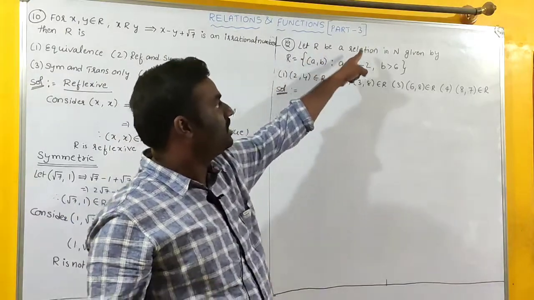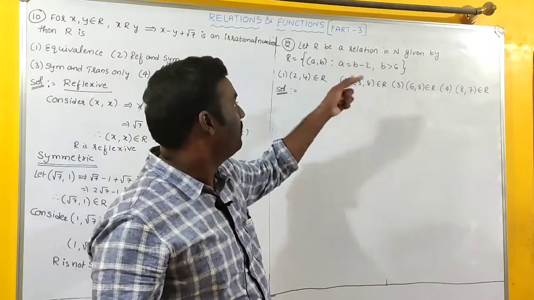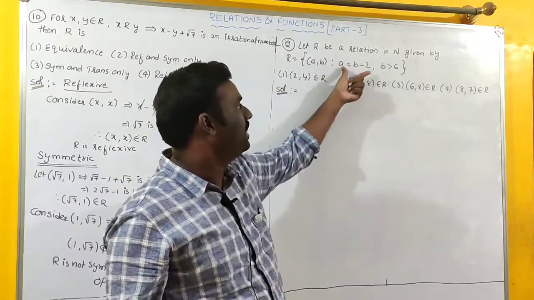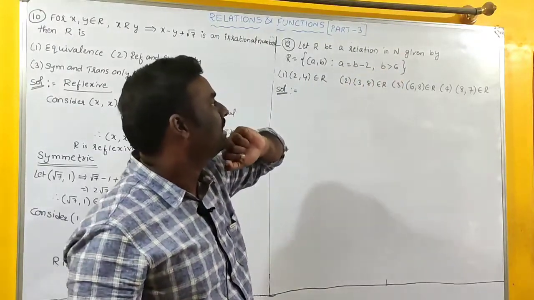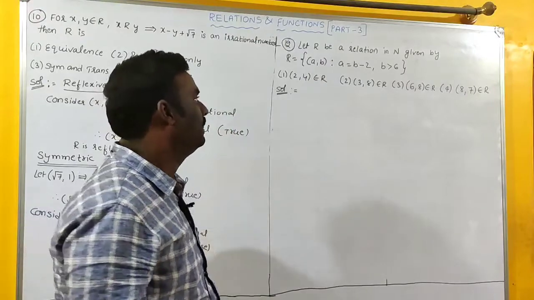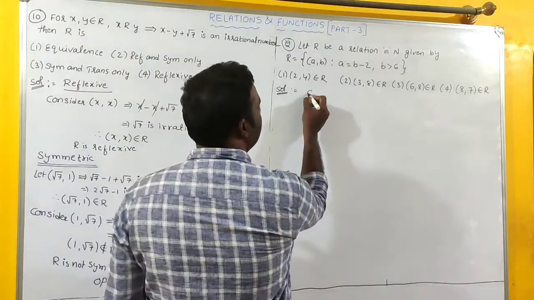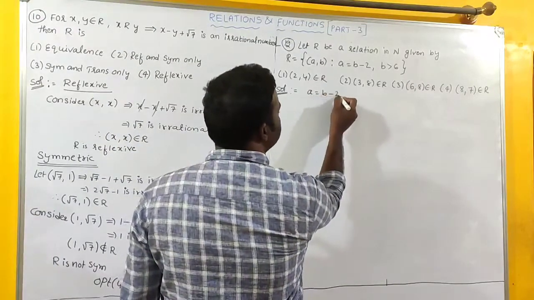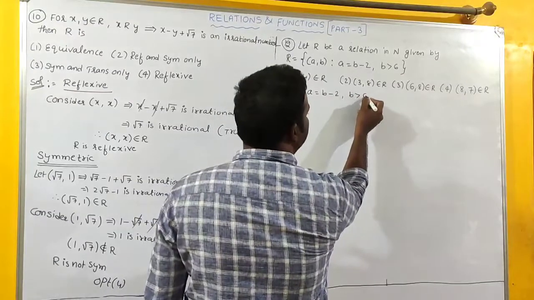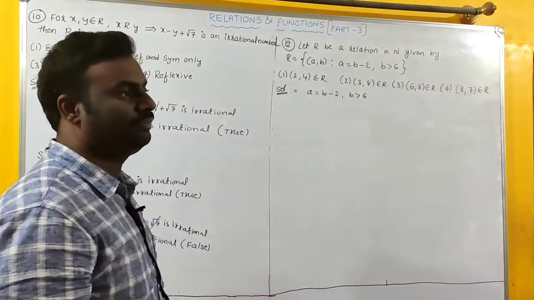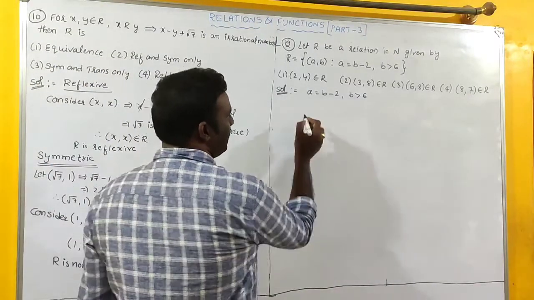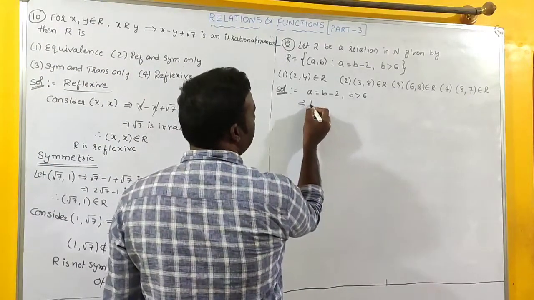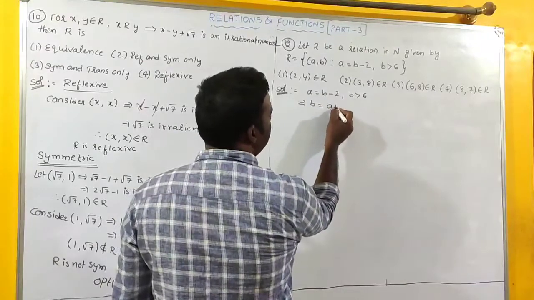R is a relation in natural numbers given by A comma B such that A equals B minus 2 where B is greater than 6. Okay. A equals B minus 2, B greater than 6. Now this implies I can write B equals A plus 2.